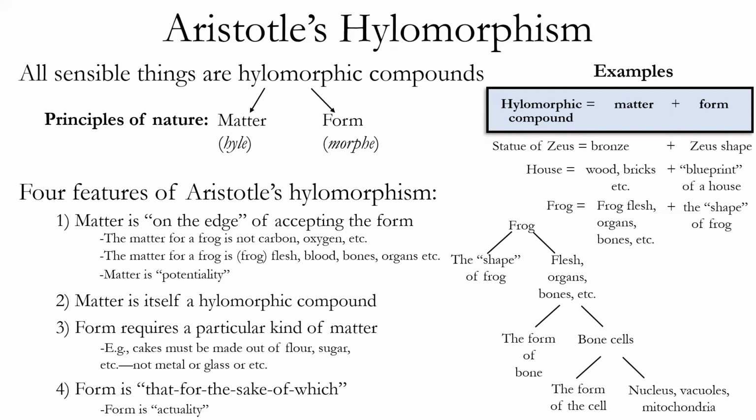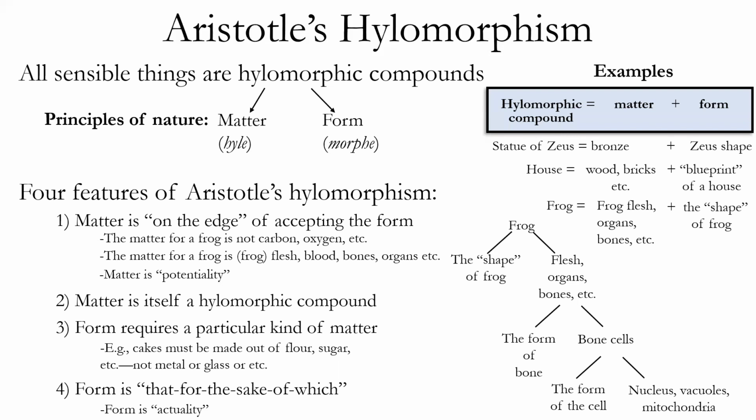That lump of bronze is potentially a statue of Zeus. And when it becomes the statue of Zeus, it has acquired its form. It is now actually a statue of Zeus because it has that form. And so form gets identified with actuality.